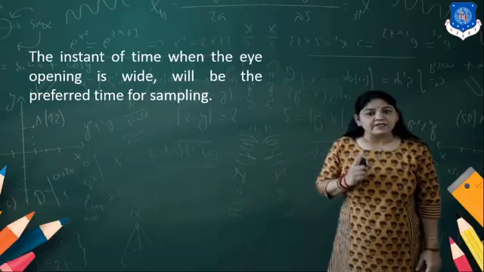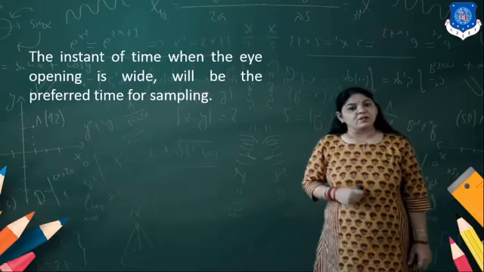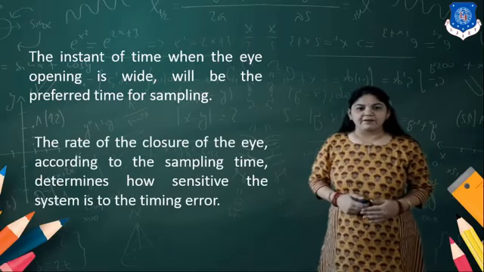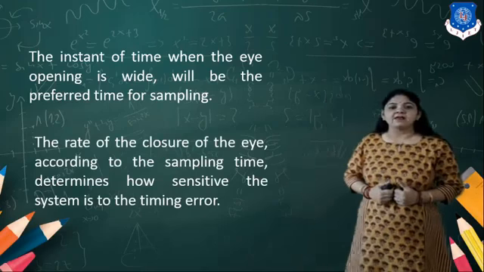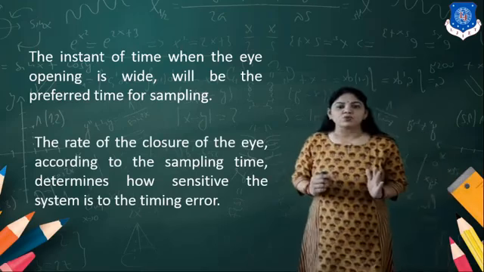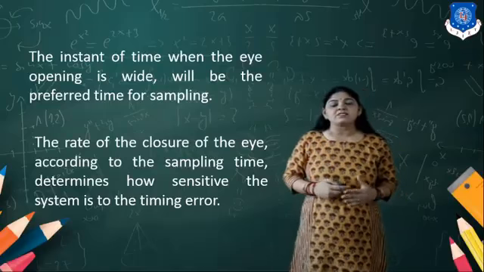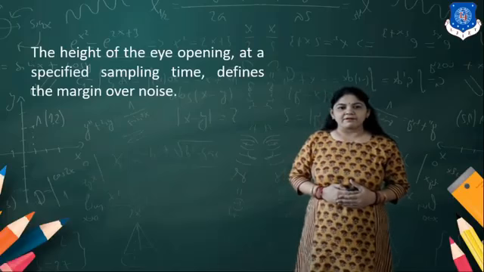The instant of time when the eye opening is widest is the preferred time for sampling, and the rate of closure of the eye, according to the sampling time, defines how sensitive the system is to timing error.